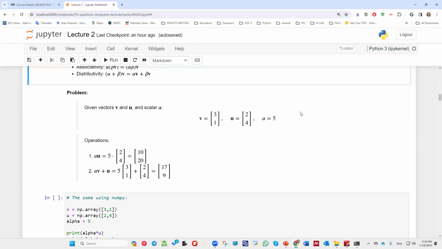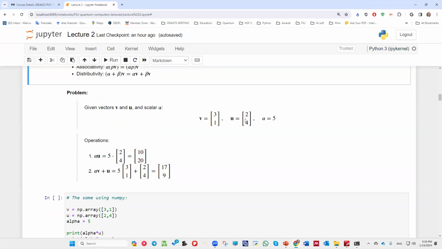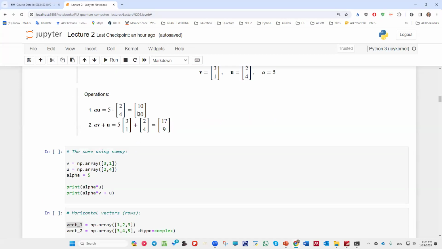Here I took two simple vectors and this parameter alpha, and I can multiply alpha by a vector. So this vector is two-dimensional. It has two components. To multiply the parameter with the vector, I just multiply each component of the vector by this parameter, right? So 2 times 5 gives me 10, 4 times 5 gives me 20. So this is the answer.